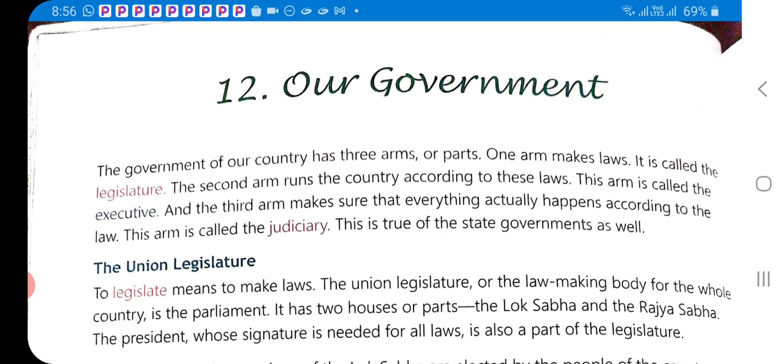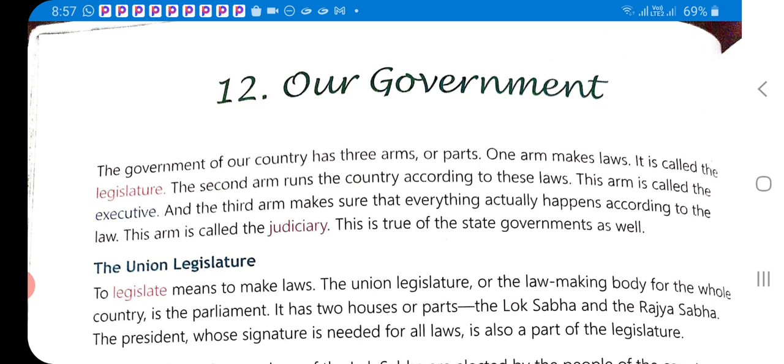And the third arm or organ of the government is judiciary, that makes sure that everything actually happens according to the law. State government also has these three organs at the state level.